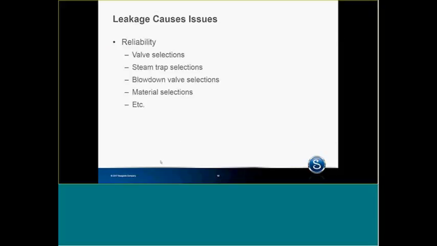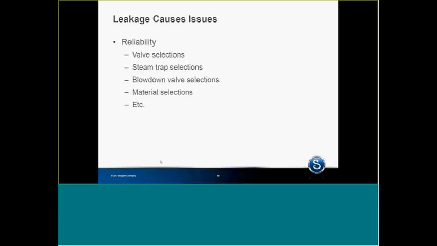Reliability. One of the things is the reliability of valve selections. For reliability, you've got two things. You've got code. Either you're on ASME, the boiler code, or B31.1 or B31.3, you're under some code. And the code says the valve has to be rated for the highest pressure and temperature, which is where the safety valve is set.